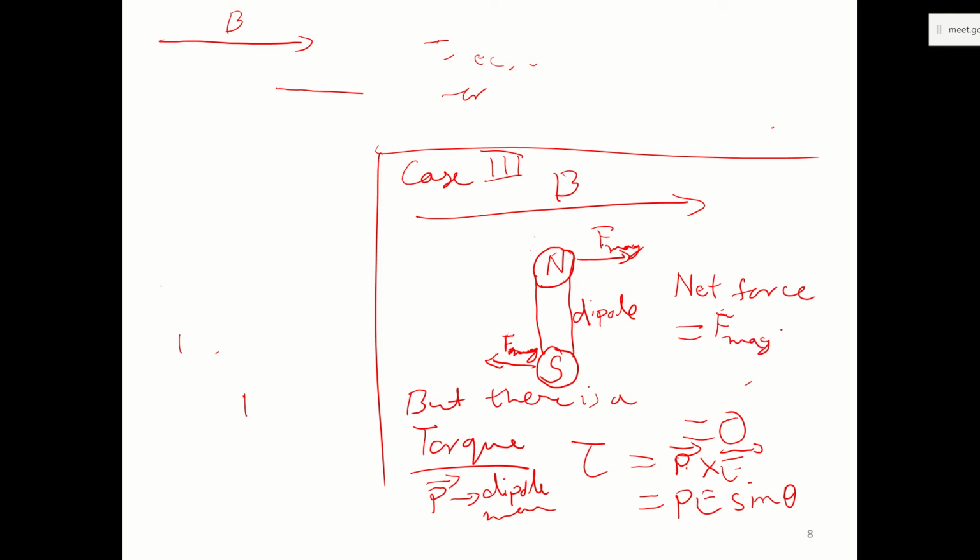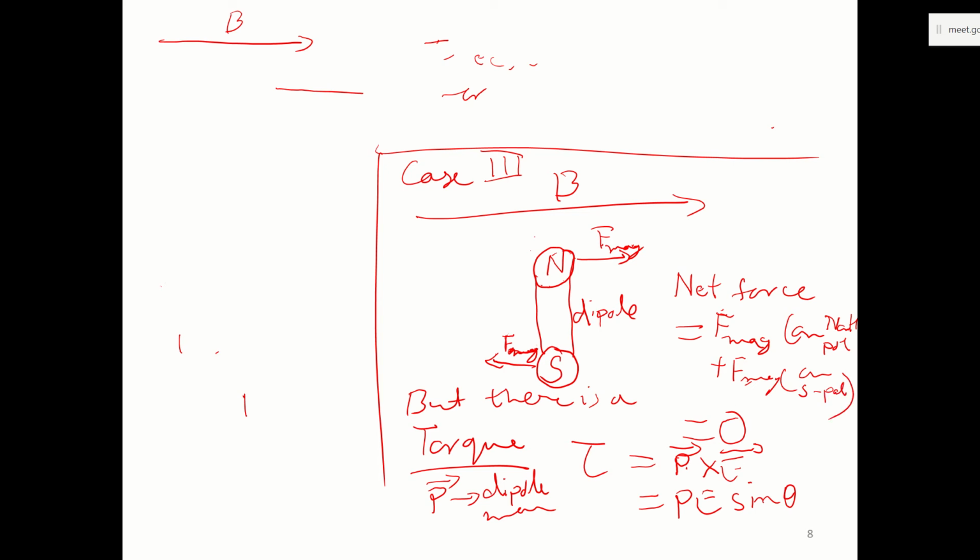So on the north pole there is a magnetic force, and on the south pole there is a magnetic force, both equal in magnitude and opposite in direction.